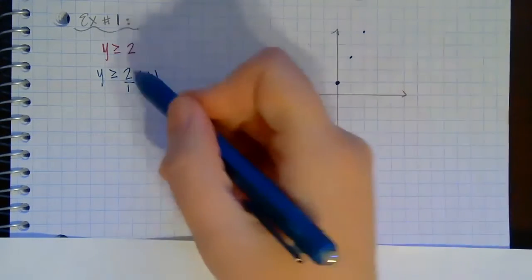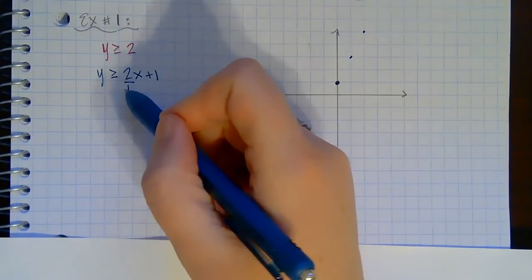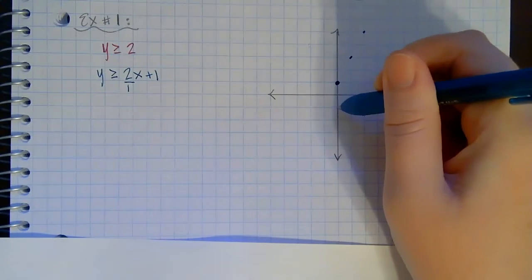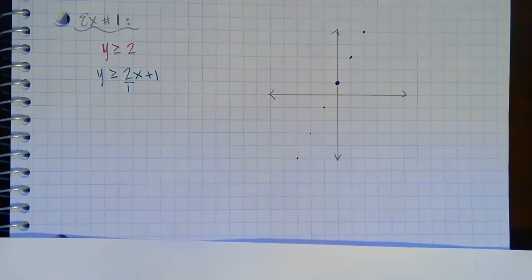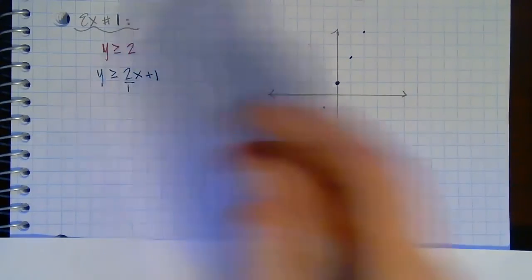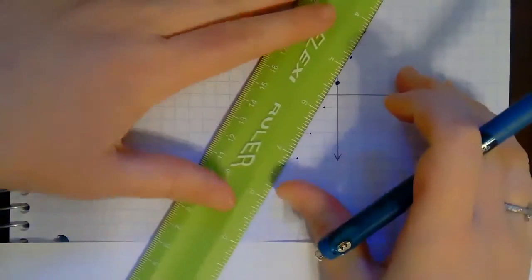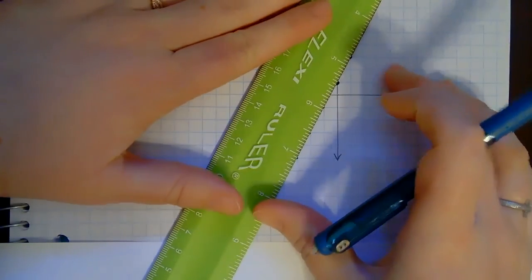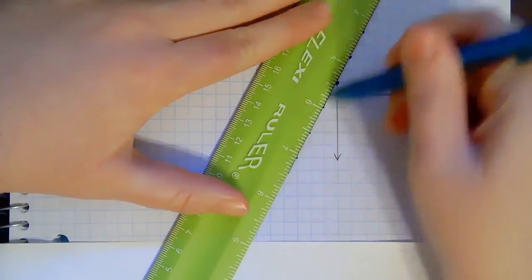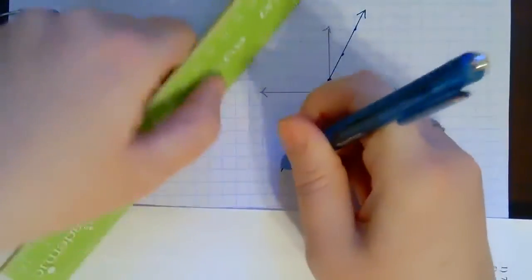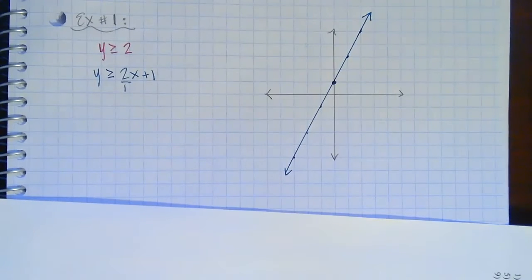Or I could do -2 divided by -1, which is still +2. So down 2, left 1, down 2, left 1, down 2, left 1. And then notice it's equal to, so it's going to be a solid line. Like so.